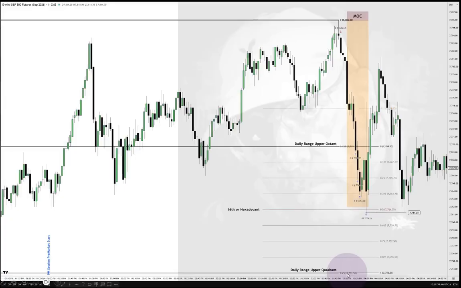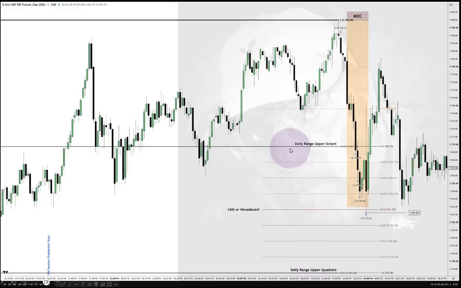If you take your fib and measure that, here we go. We're back to school now, Professor ICT. We're dealing with 16ths, okay? So by having that range high and that range low, according to the daily range, we split that in half, okay? Because this is an octant, and an octant is between a quadrant or a percentile. This is a percentile. This is an octant, which is half of the range between a percentile or the highest of the range down to the upper quadrant.